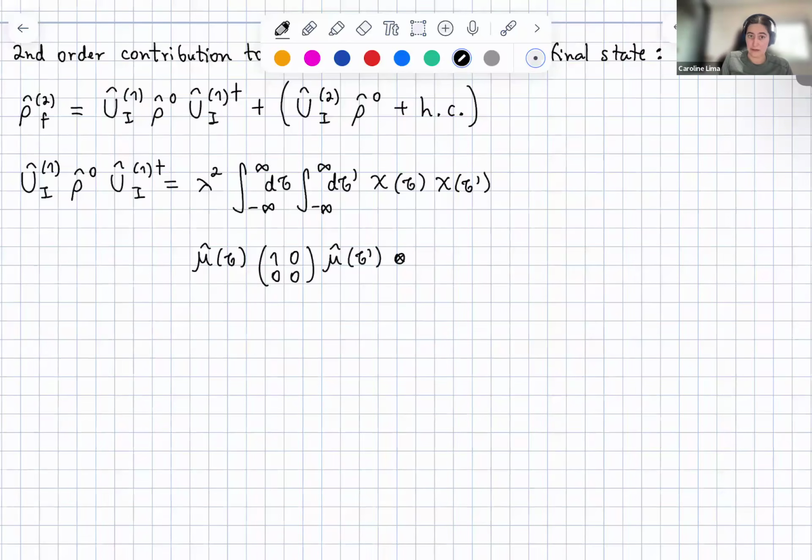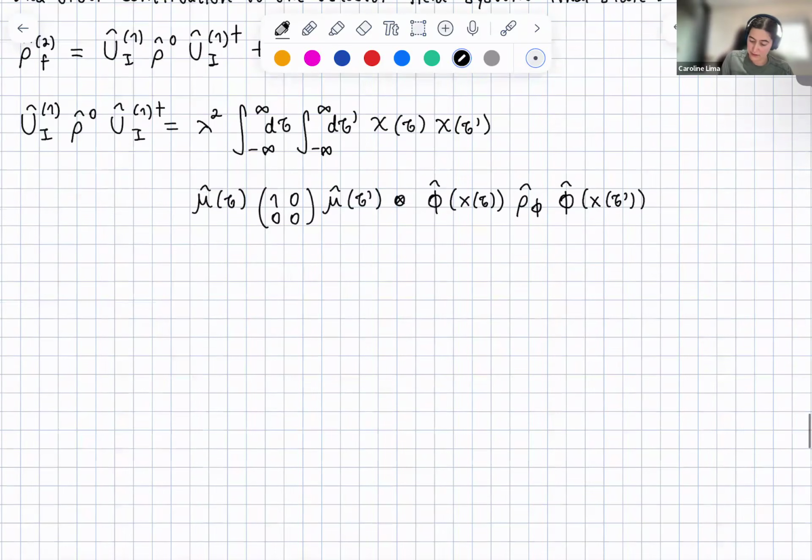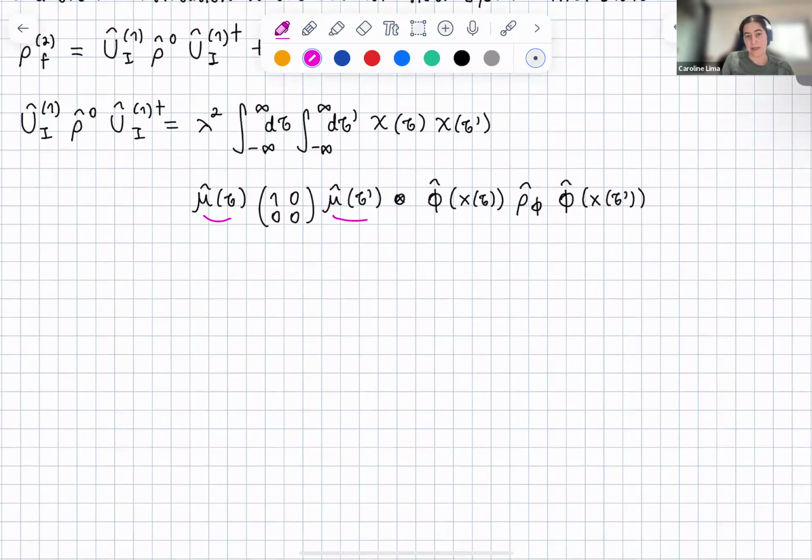So now for the field, it's going to be similar. So we have a phi of x of tau times the initial state of the field, and then phi of x of tau prime. Okay. And now mu of tau and mu of tau prime are going to be represented by whatever I showed before to you in the matrix form.